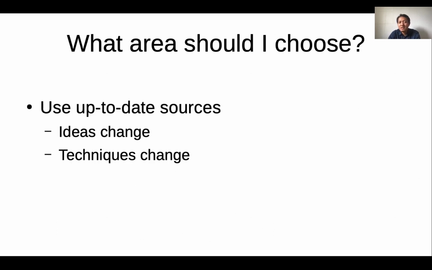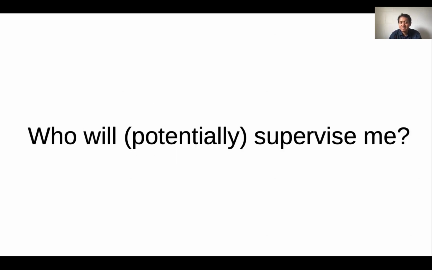And with that, you need to choose sources that are up to date. Why? Because ideas change, your field develops, techniques and methods used in that field are also developing. So try to keep up with what is up to date in the area that you have chosen.